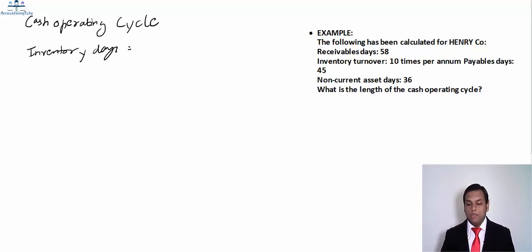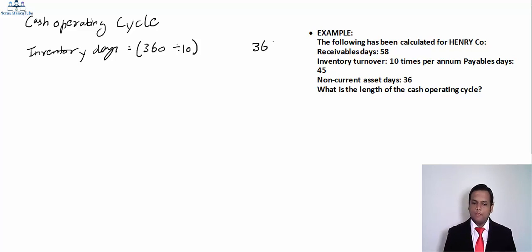However, we are given inventory turnover. Use your common sense over here. There are 360 days in a year, and the inventory has been replenished 10 times. So all we need to do is to divide 360 by 10, and the answer over here is 36. We have got our inventory days.